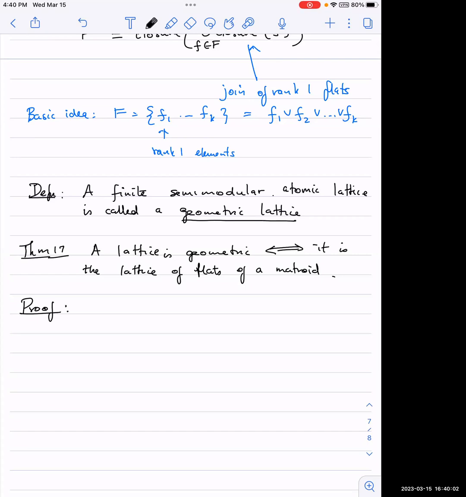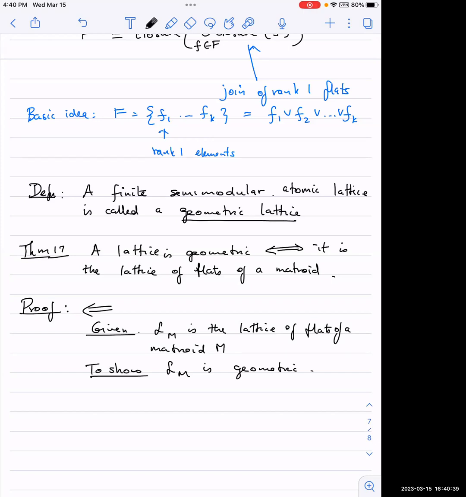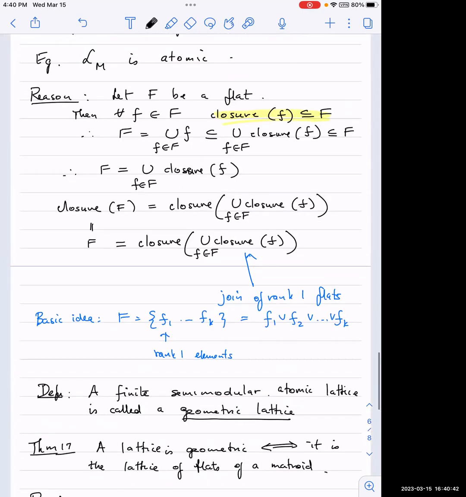So proof, which direction is done? This direction. Given that L of M is the lattice of flats of a matroid M, to show L of M is geometric, that would be all the arguments above.